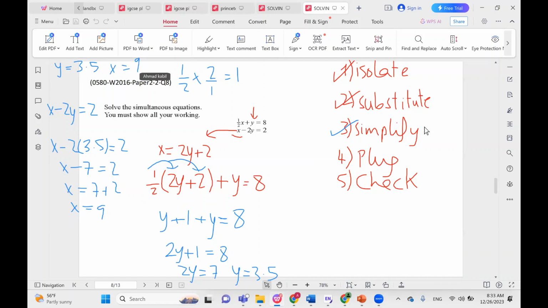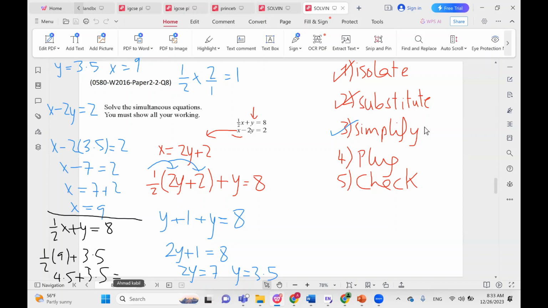Having obtained my value of x, I proceed to check. I'm going to use the first equation. So half x plus y equals 8. Half times 9 plus 3.5, which is basically 4.5 plus 3.5.